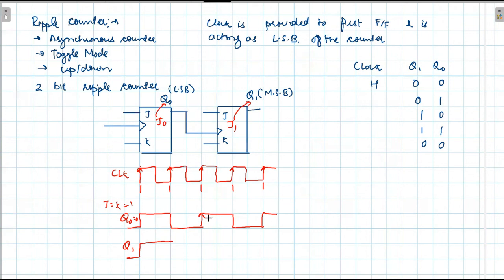Now the next edge to this will be after its duration 2n. It will be high for this duration, and at this point it is high. So it will see that in the previous state your system is high, so now it will toggle. Again, after 2n, it will see what the previous state is. The previous state is Q naught, so it will be high. So this is how your 2-bit counter works.